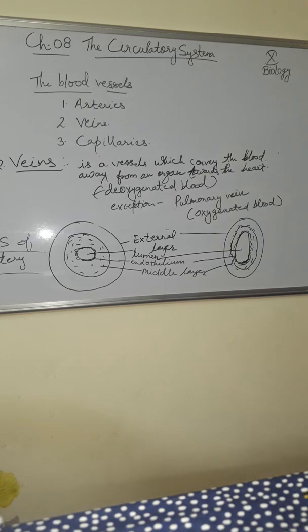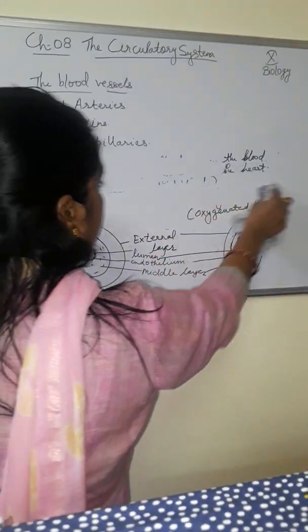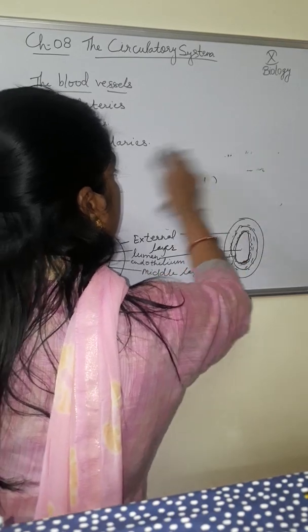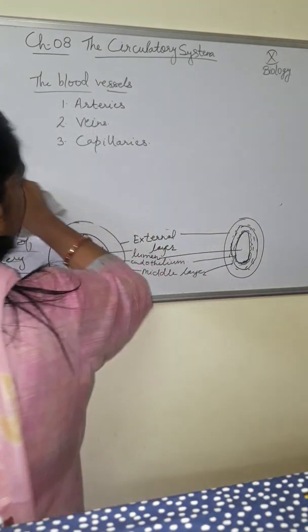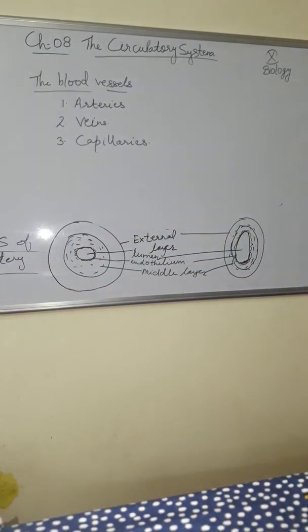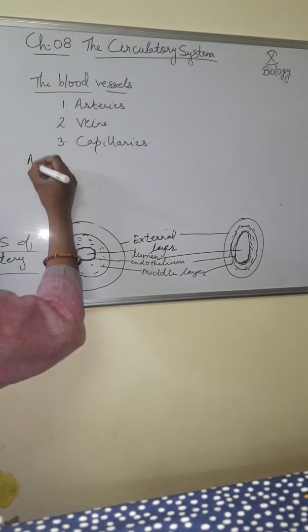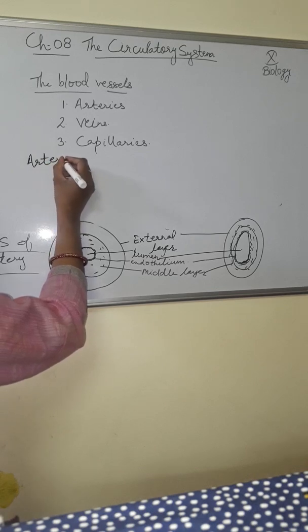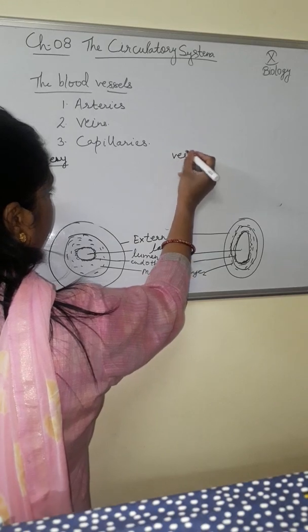Okay. Now, characteristics of artery and vein.